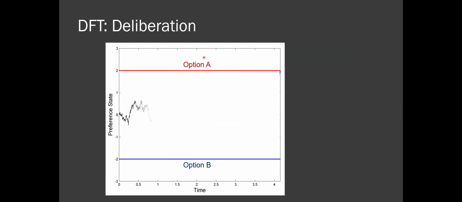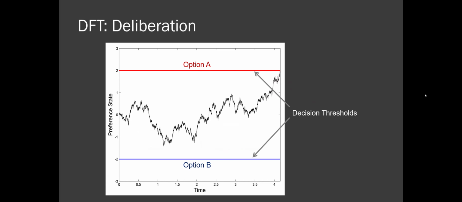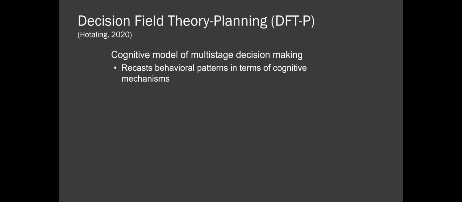You think about the features of A and the features of B. Sometimes that moves your preference state in one direction, sometimes in the other, until eventually your preference gets strong enough that you hit one of these decision thresholds, representing the amount of evidence required to make a choice. I've extended this model to apply to dynamic decision-making situations.